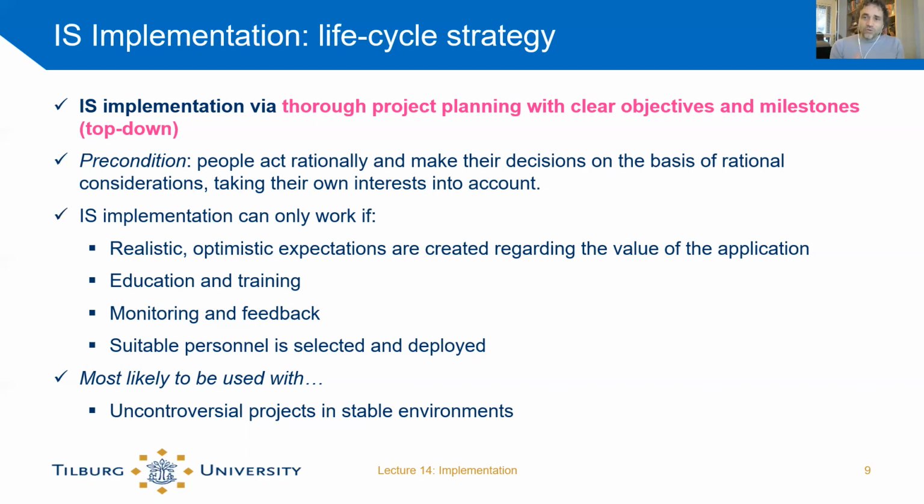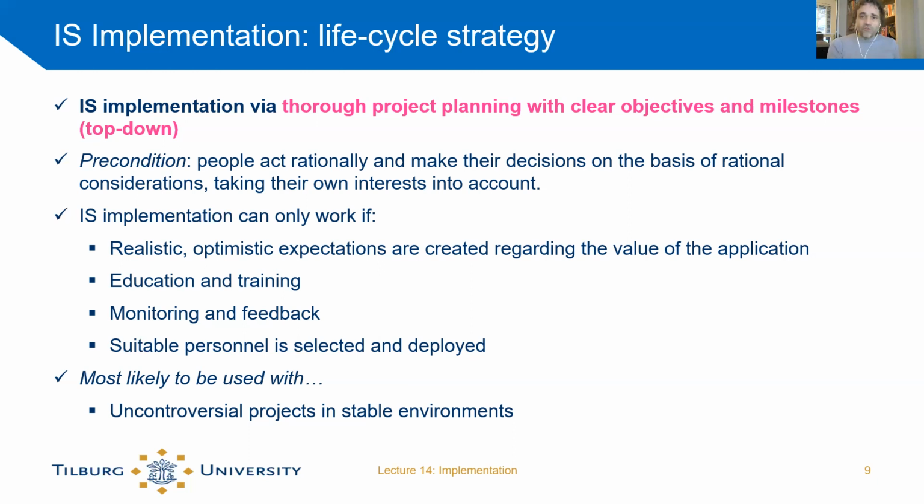So what you would do concretely when you use this implementation strategy is that you basically tell people what the project is about. So you have thorough project planning, you let people know what the project is, what the end goal is, and why it is useful. So you set realistic, optimistic expectations regarding the value of the application. Basically simply telling people what the advantages are of an innovation or technology or organizational change for them.